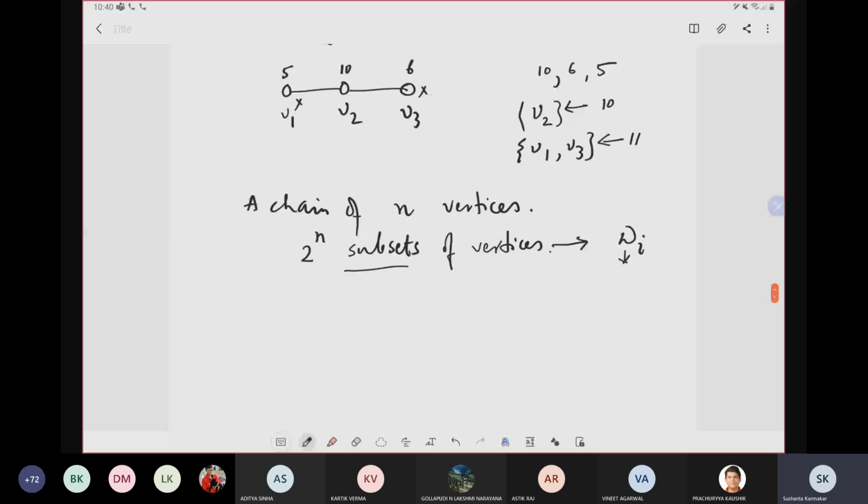But the problem of this approach is that it is very naive. It takes exponential time, and you need a sorting of an exponential number of elements. You need to find the weight for each subset and sort the weights in decreasing order.